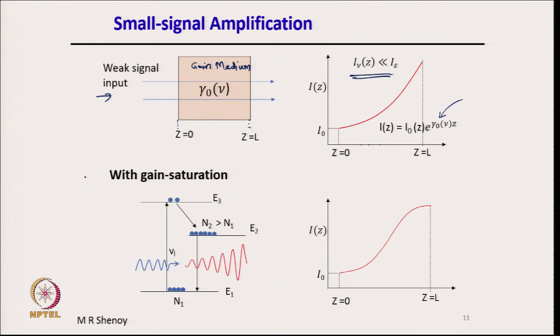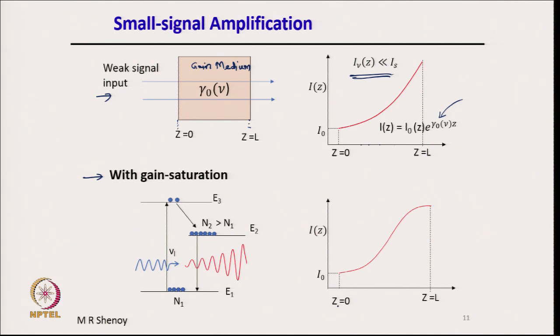But what if there is saturation? We have a small signal which is incident, and as it passes through the medium it is getting amplified, but if the intensity becomes larger then the gain coefficient will drop down, and therefore the intensity will initially build up exponentially, then slow down, and then almost saturate.